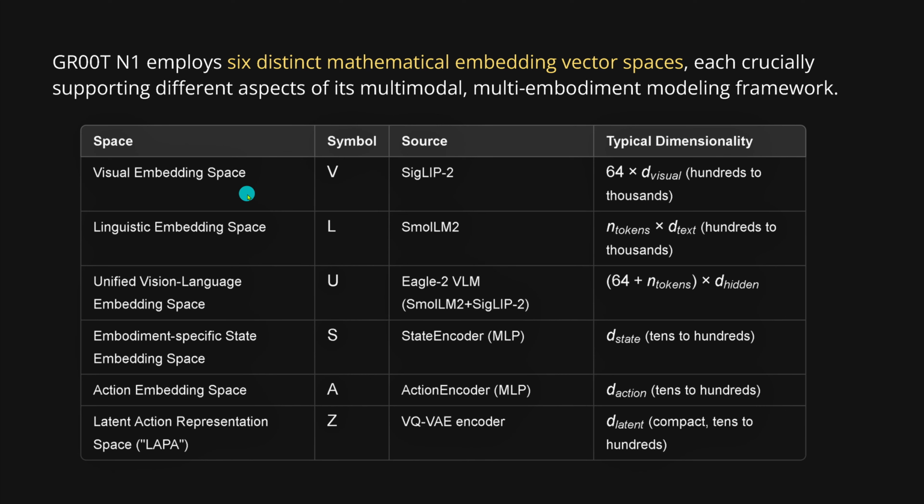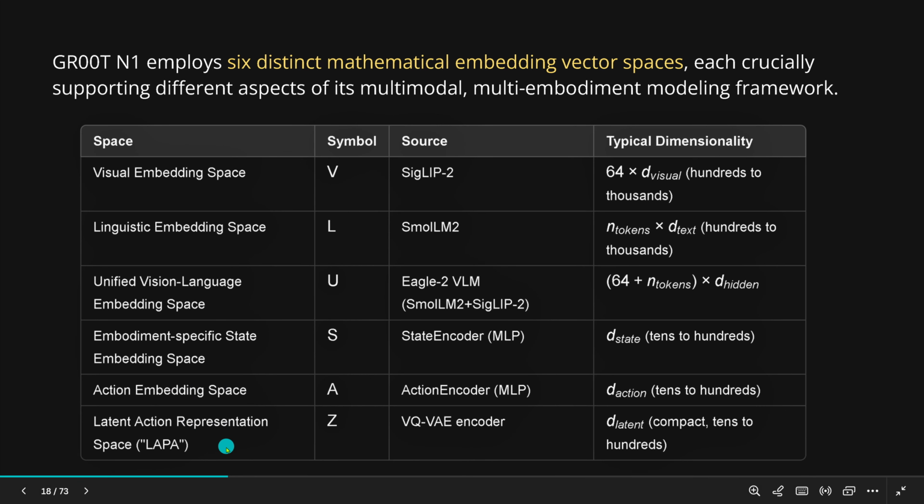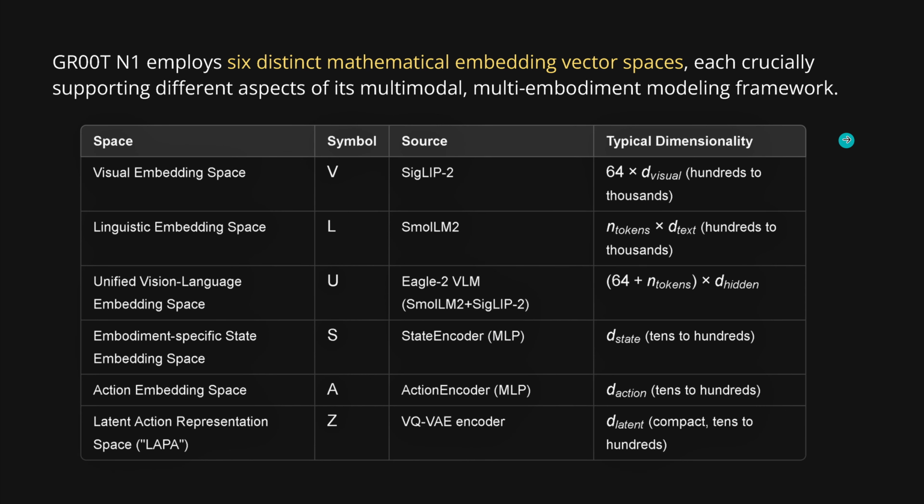So we have a visual embedding space, a linguistic embedding space, a unified vision language embedding space, the state embedding space of the robot, the action embedding space, and for the deduction from the huge data set of all the YouTube videos, if we want to understand how we should move our robot just by watching something, our LAPA representation. And I will talk more about LAPA because I think LAPA is the real interesting thing here. No?